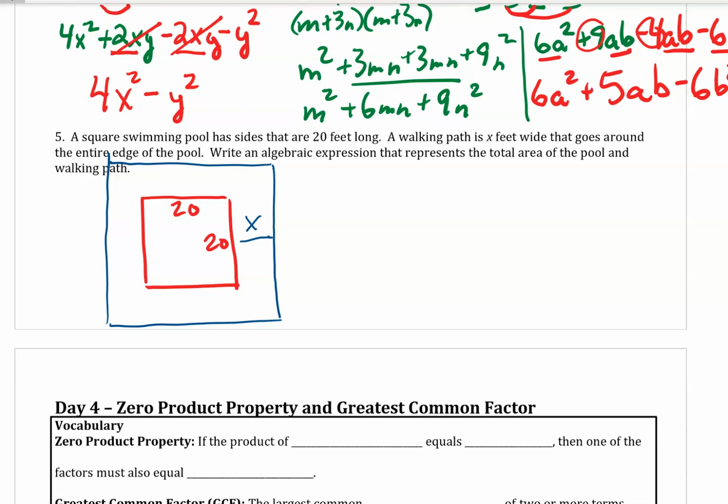We're going to write an algebraic expression that represents the total area of the pool and the walking path. Well, first off, if I know it's x on all sides, I can draw out a picture.